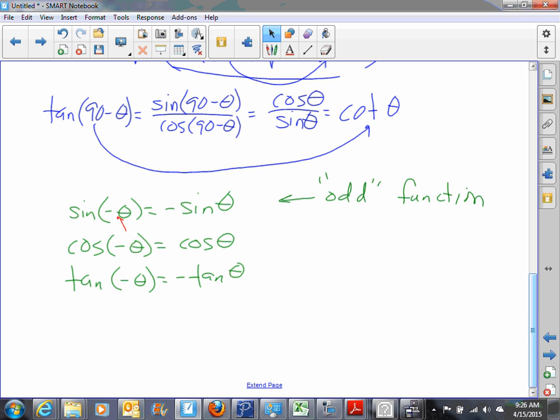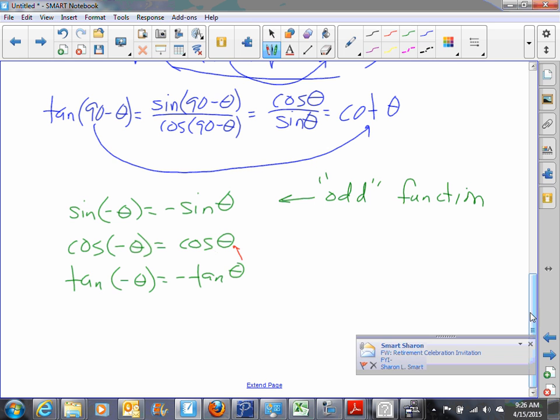So notice that an odd function takes the negative sign you're taking the sine of, and passes it through. That makes it odd, okay? The cosine gobbles up the negative sign. It just says the cosine of the opposite of theta is the same thing as the cosine of theta. Now, that makes the cosine an even function.